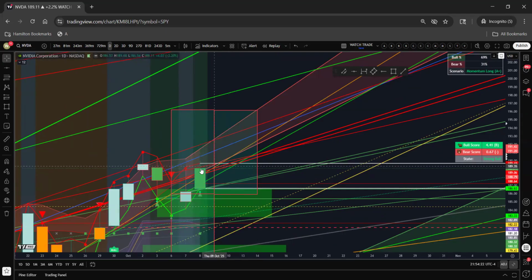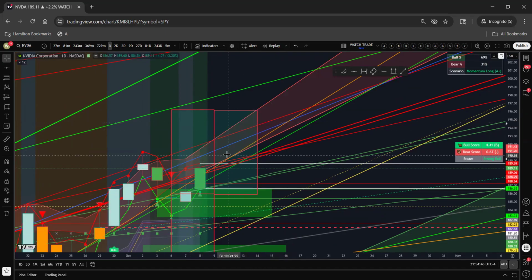I stand corrected. So we think we can continue melting up if we don't cross up above this early bearishness all the way until when? October 16th. Where does that take us? 194.72.